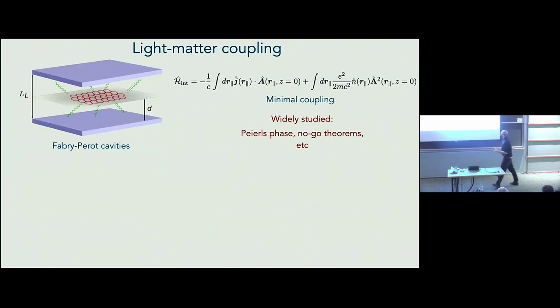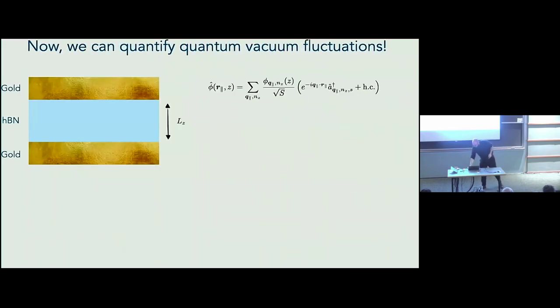And sorry, could you give some intuition for why the mode that you described is subwavelength? Because it's just solving the Poisson equation. So if it's not in a subwavelength cavity, you can see that there are these Q parallel, these momenta that are very big.